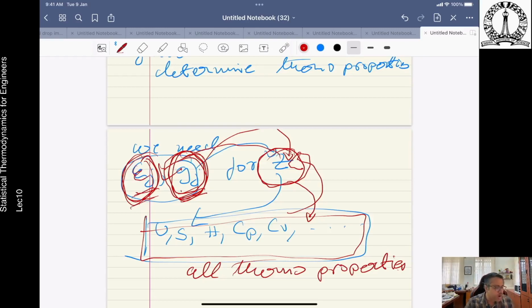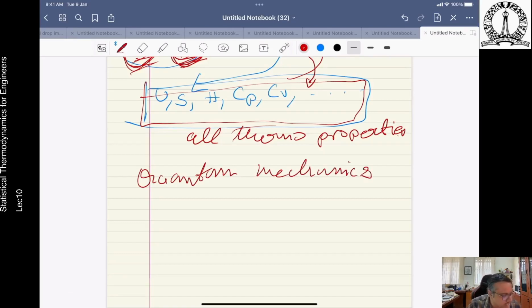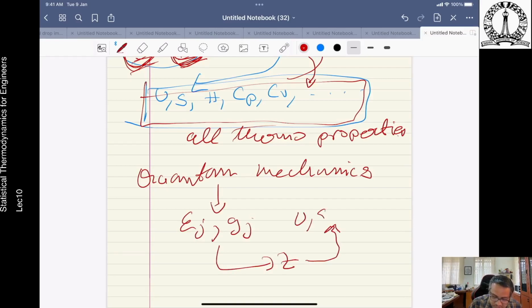This will require an understanding of quantum mechanics, so this is what we are going to do next. Quantum mechanics is needed to calculate your Ej and gj, which are further needed to calculate Z. Z is needed to calculate U, S, H, Cp, and all the other thermodynamic properties. So we now need to shift gears.